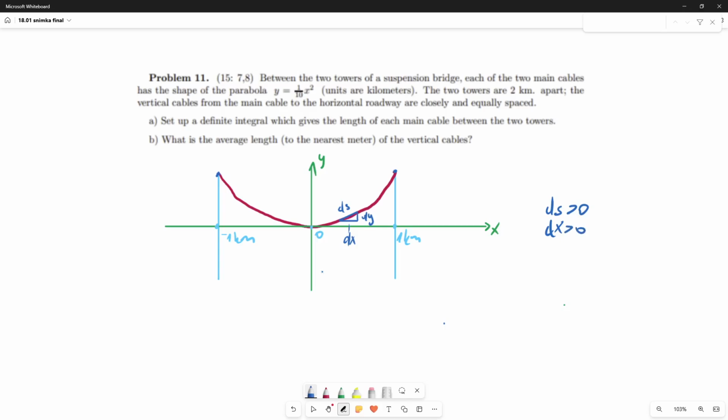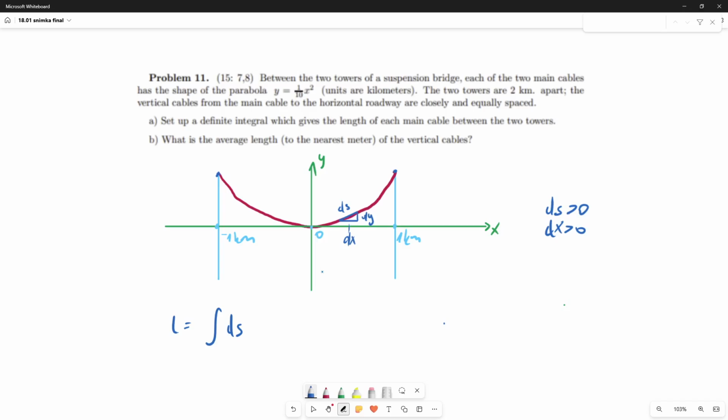So our total length is going to be equal to the integral of those infinitesimal ds segments of the line. And in this case, we're going to integrate along the x-axis. Since we're going to integrate along the x-axis, we need to set up the integral so that it is along the x-axis.